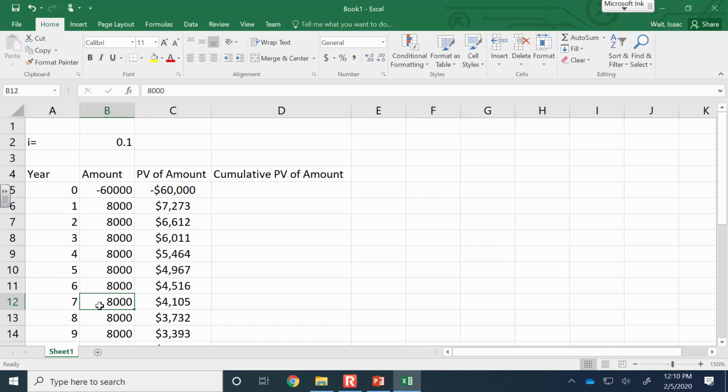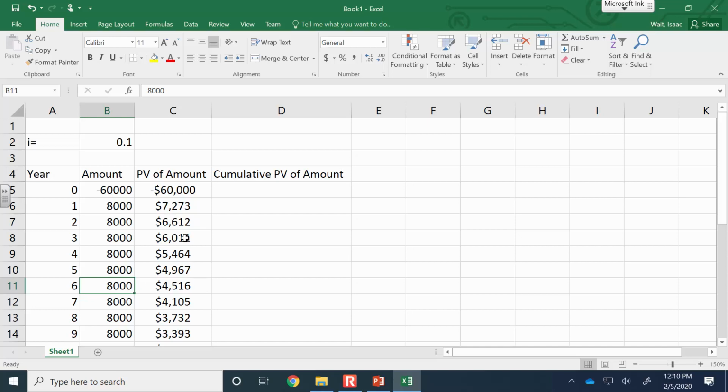And so this $8,000 in year 7, it has to move 1, 2, 3, 4, 5, 6, 7 years to get to the present. And all of those years of discounting, each time we move it 1 year, it loses 10% of its value. And so when it moves from year 7 to year 6, you have a 10% reduction in value. And that keeps happening each year.